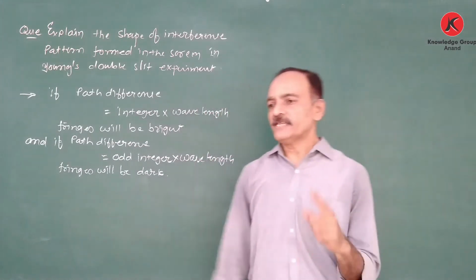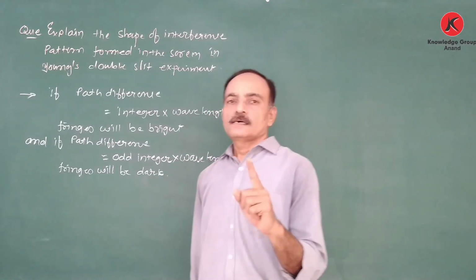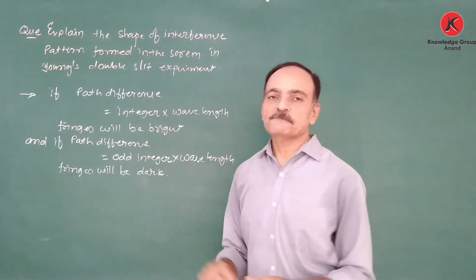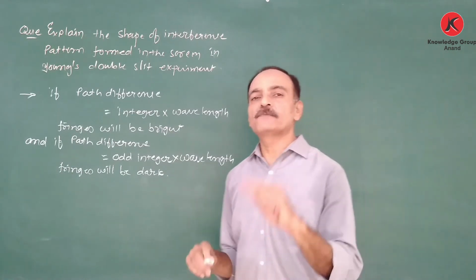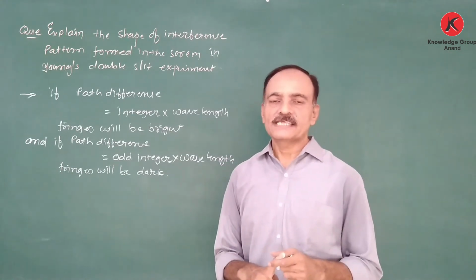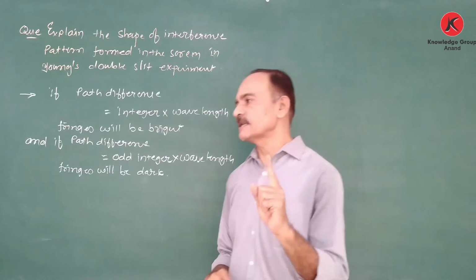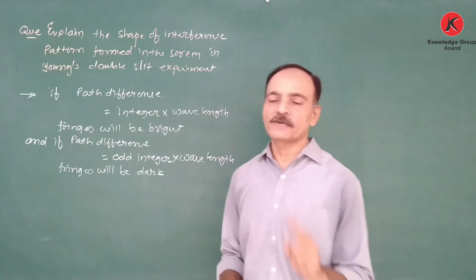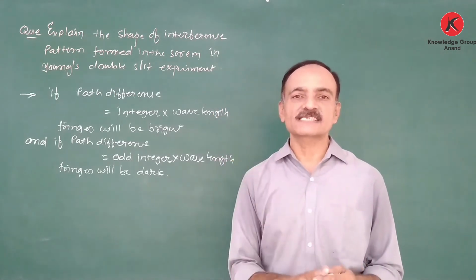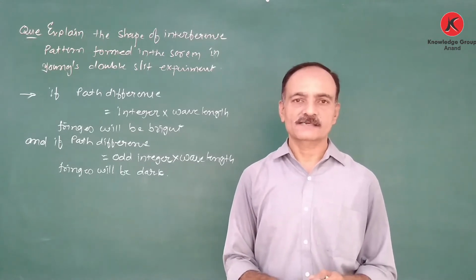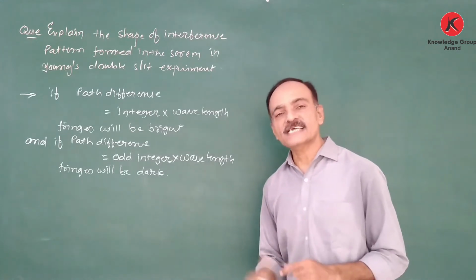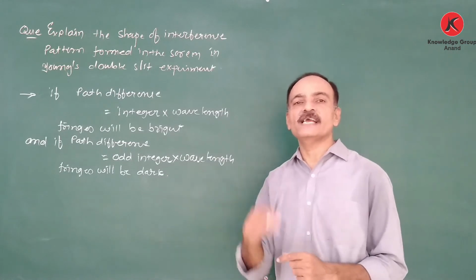Now, we know that the interference pattern depends on the path difference at a point on the screen. Therefore, if the path difference, that means according to the figure S2P minus S1P, remains constant, the trajectory of point P on the screen is a hyperbola.